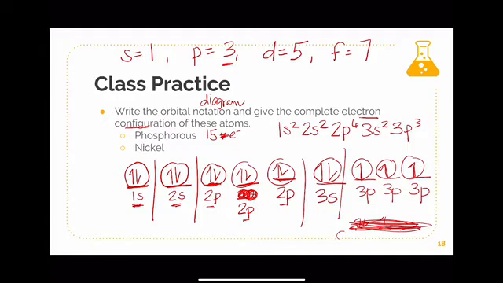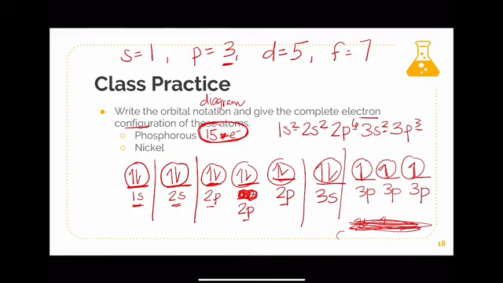And when you add these numbers, 2 plus 2 is 4, plus 6 is 10, plus 2 is 12, plus 3 is 15, it should get you that, okay? It should get you the number of electrons that are in that element, 15 electrons, okay?